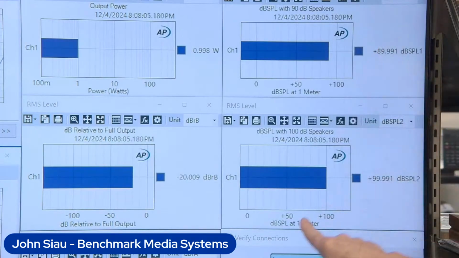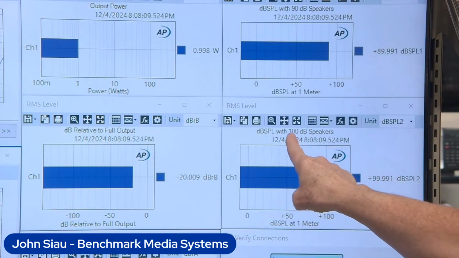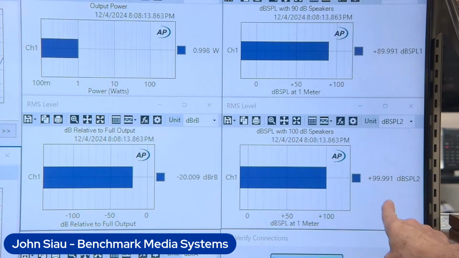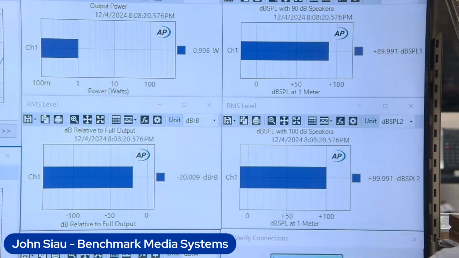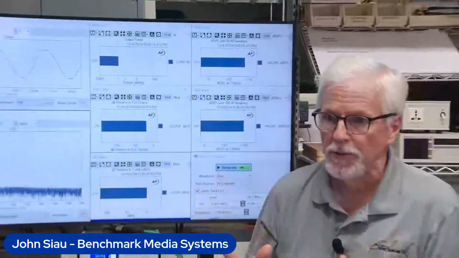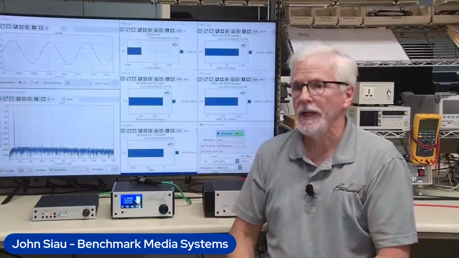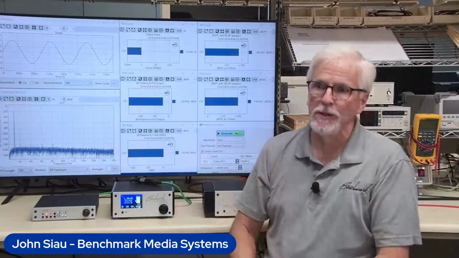If I have a set of horns that have high efficiency drivers, let's say they've got an efficiency of 100 dB, you can see I've got my 100 dB coming out with 1 watt going in, at 1 meter. And it turns out that in a listening room with 2 speakers and typical listening distance and typical room response, that number is going to be really close to what you hear at your listening position.